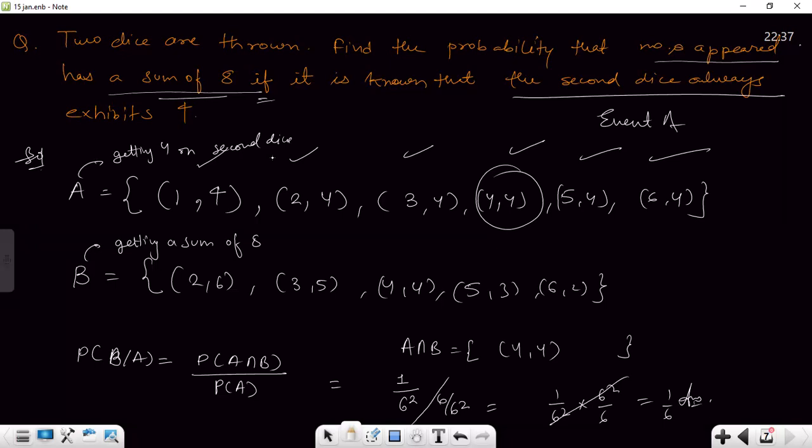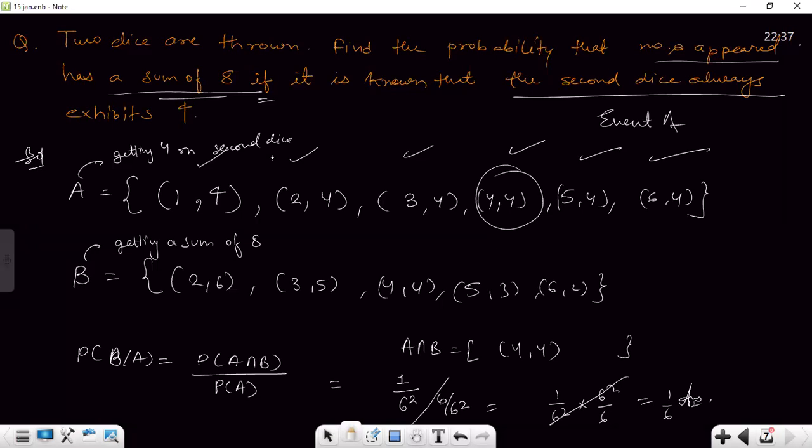And we have to find out the probability of event B when A has taken place. So that's why we'll apply the conditional probability formula, because A has taken place. It is given in the question that if it is known that the second dice always exhibits 4, it is known.